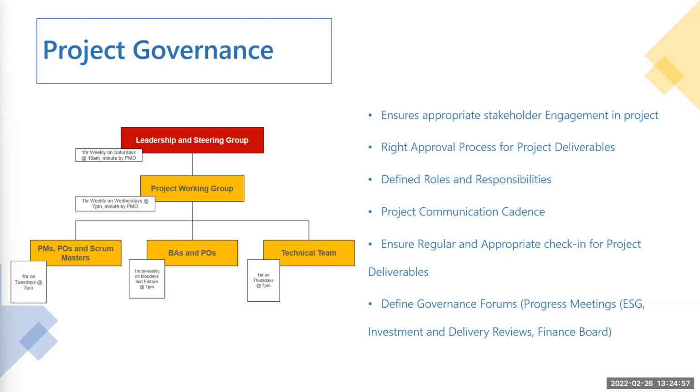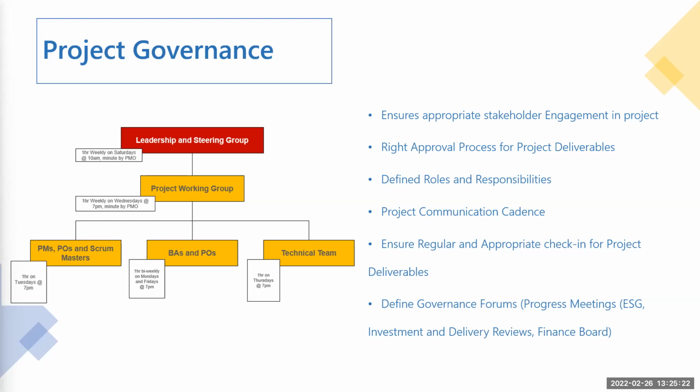So every project has different phases. For each of those phases, there are agreed deliverables that need to be delivered. And governance is put in place to ensure that before the project progresses to the next phase or stage, those agreed deliverables have been signed off, reviewed and approved by the right stakeholders.